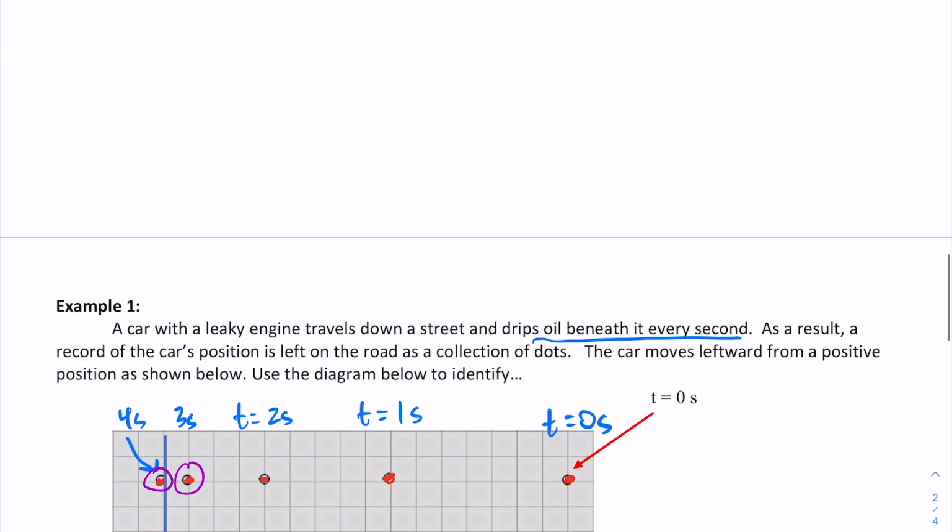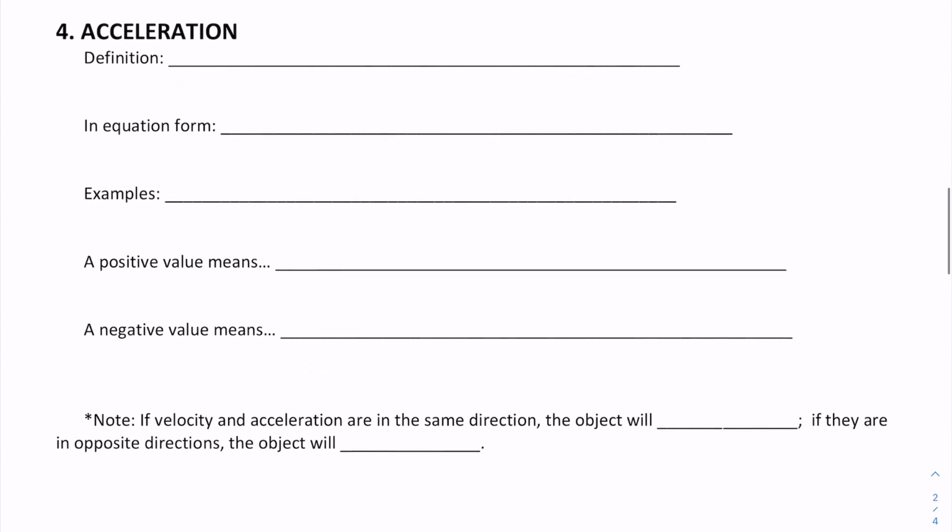We're going to add our final vector, which is the most confusing, the acceleration vector. So most people, when they think of acceleration, they think of an object that's changing its speed, which is true. But since acceleration is a vector and it has direction, you can also be accelerating if you're only changing your direction. So you could be going at constant speed in a circle, like if you're running around a track.